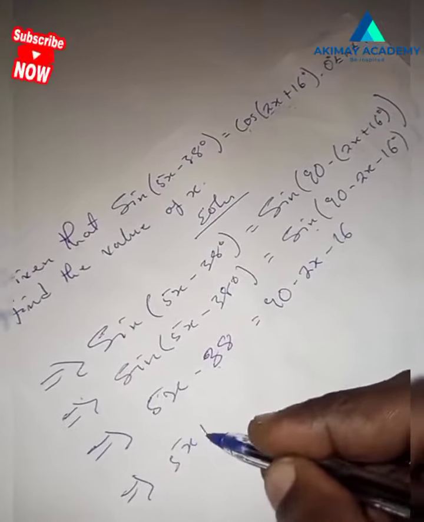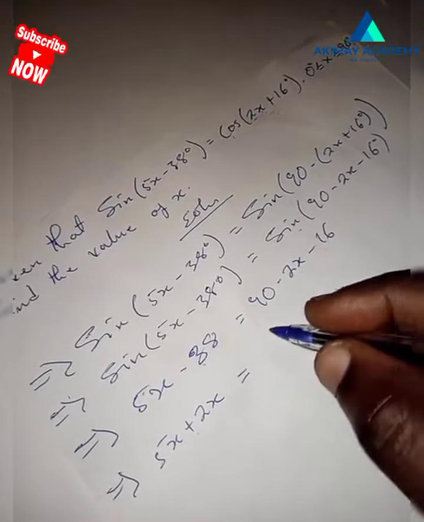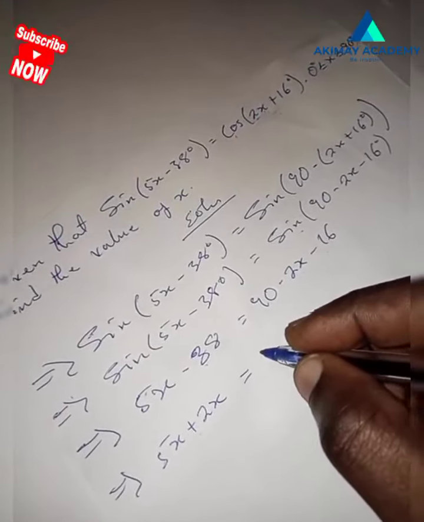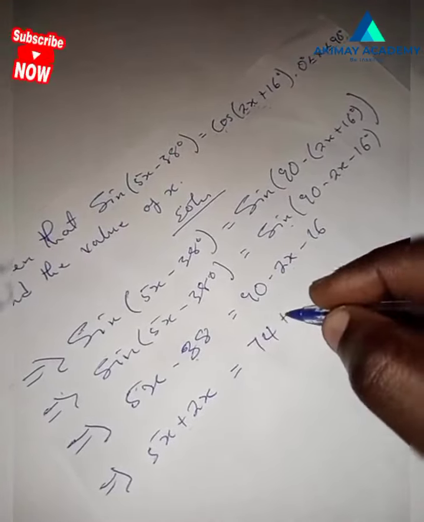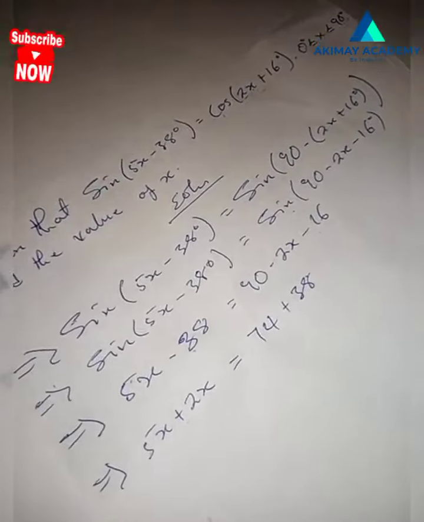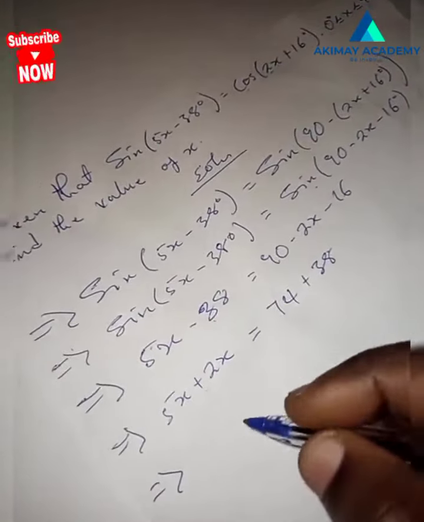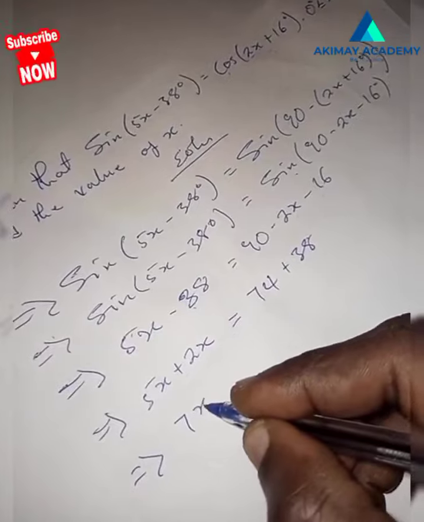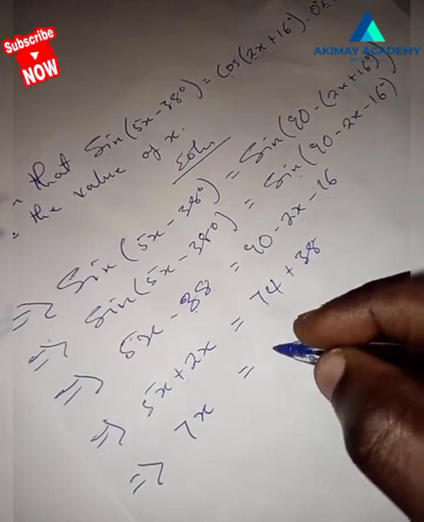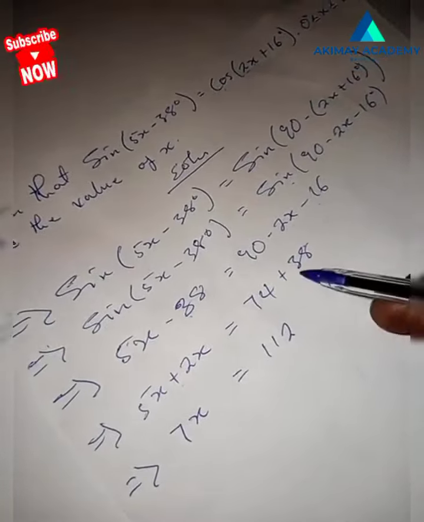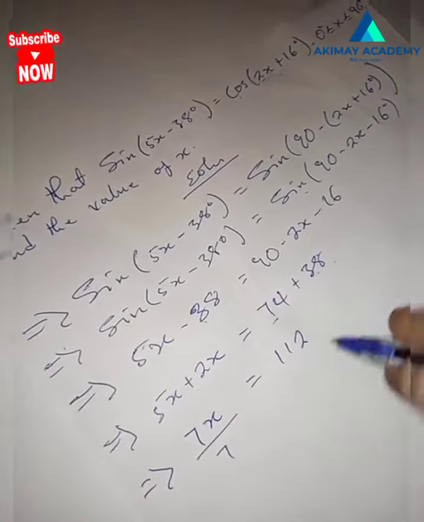So we have 5x plus 2x equals, when we do the subtraction, 74, and the 38 is coming across, so plus 38. So we have 7x equals 74 plus 38, and this gives us 112. So we divide this by 7.